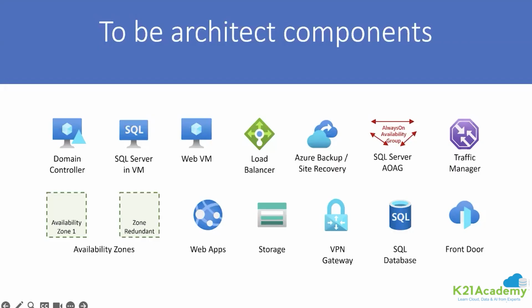So VPN gateway, storage, SQL database, Front Door services. I have tried identifying what all the possible components can be, or we can recommend in our solution, right? Because unless you know what the approach and the components will be, it will be really challenging for you to visualize, right? So here I have identified those options.